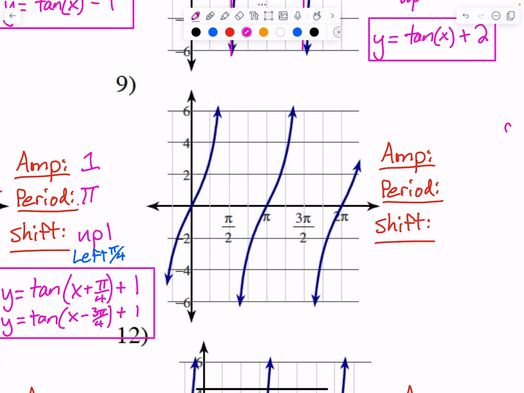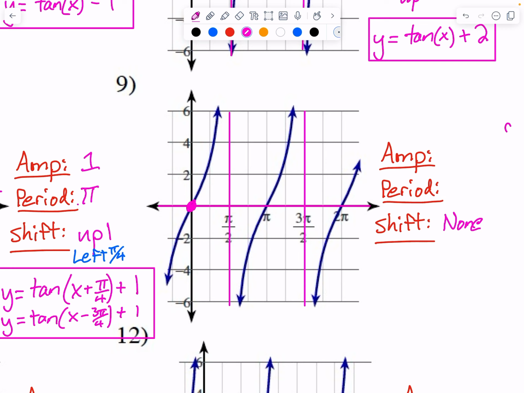Okay, number 9. The midline, it looks like it's right on the x-axis. Right, and then it looks like the asymptotes are right here and right there. Okay, so tangent, definitely, it's increasing. It's also going through the origin, so I don't have to do a left or right shift or up and down, so there's no shifts. The period looks like it goes from pi over 2 to 3 pi over 2.